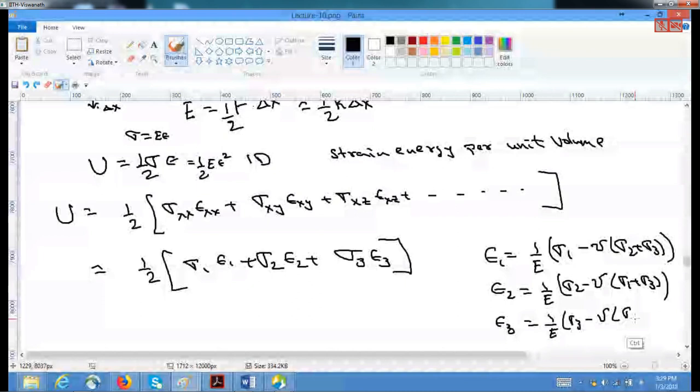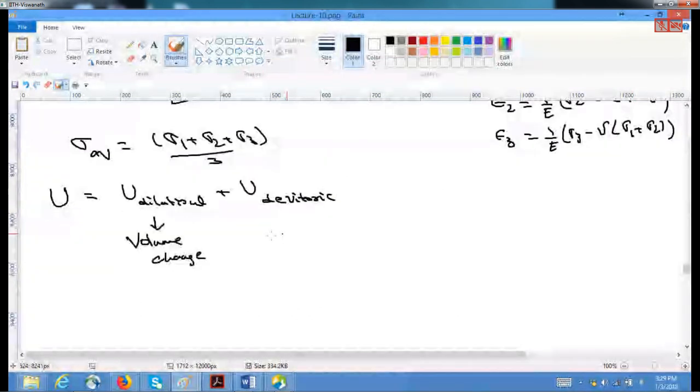Then whereas if you want to compute your U as on dilatational, U d. So dilatational is volume changes. This is due to shape changes.